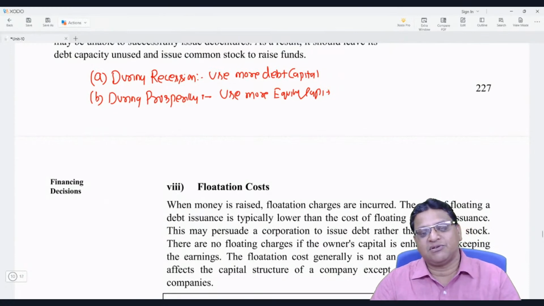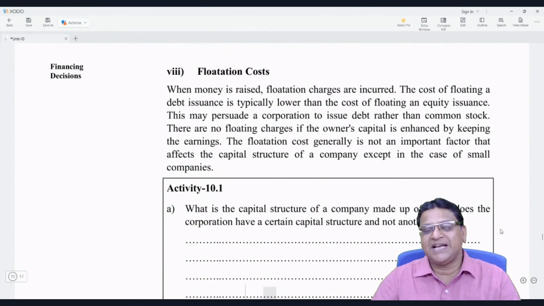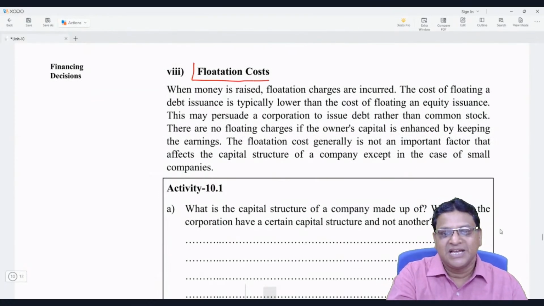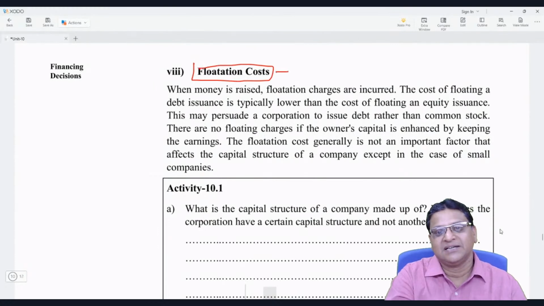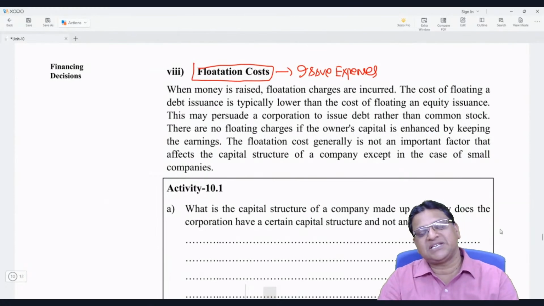Now, what is flotation cost? Another factor which we must consider while designing capital structure is the flotation cost. Flotation cost means issue expenses. We know that the issue expenses of debt is less than issue expenses of equity. Though issue expenses is a small fraction of the capital, in case of small companies, issue expenses matters.